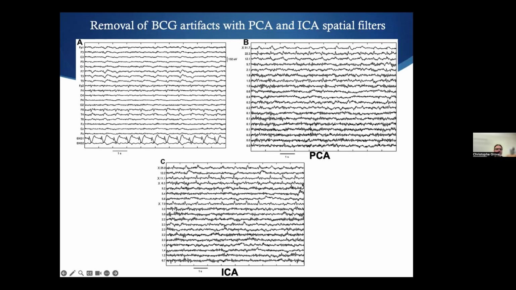And this is a correction from ICA. In your ICA, what you see is that this component, this component, this component, and this component are clearly seeing this repetitive rhythmic pattern. So it looks like it was not only one basic component, it was a little bit more, and you can remove those. And this is actually working nicely.